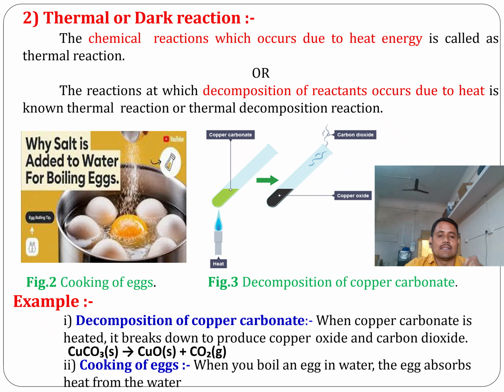Sometimes we add salt for cooking eggs, because in the presence of heat and salt, the temperature of the whole reaction mixture increases beyond 100 degrees. So that is why the eggs cook easily. Another thing is the replacement reaction between the sodium and the calcium of the eggs, which makes it possible to cook the eggs easily.